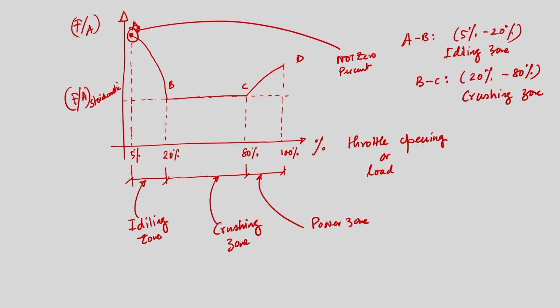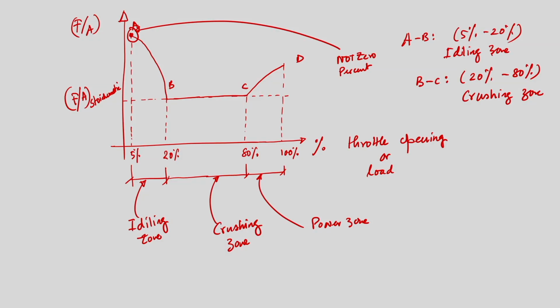That means we need not supply a fuel air ratio either lower or higher than the stoichiometric. This is the zone where the throttle valve is 20 to 80% open, and I can say this is the most economic condition of the engine operation, because we supply the chemically correct stoichiometric air fuel ratio.